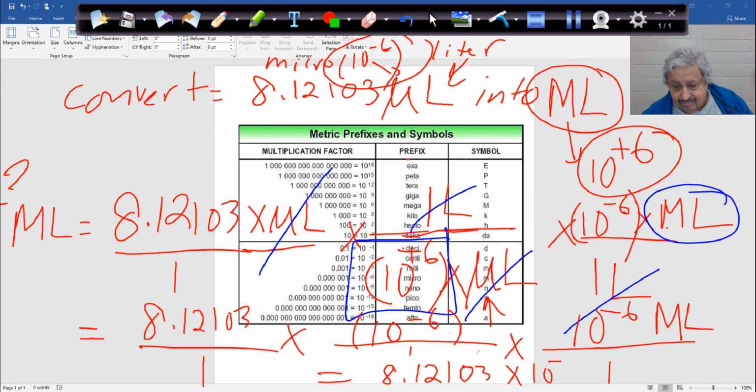Minus what? 10 power 12 megaliter. 10 minus 12, because minus 6 and minus 6, you add them up, correct? When you multiply exponents, you add them up. When you divide exponents, you subtract, right? So that's the answer here. I did not touch anything of the sig figs. It's as is, correct?